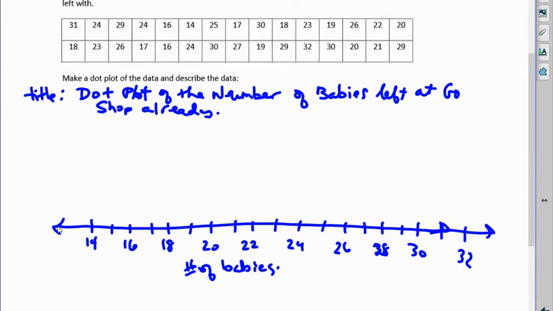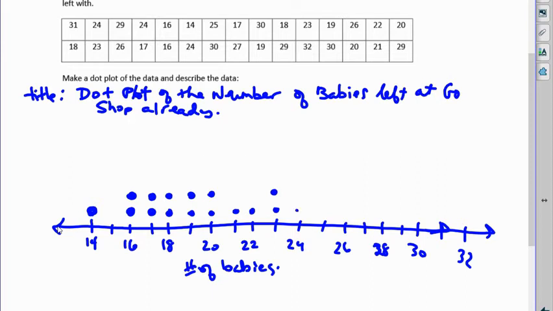So from my calculator, I saw that there was 1 at 14. So this time I'm doing dots or X's, whatever you like. 16, there were 2. There were 2 at 17. There were 2 at 18, 19, and 20. There was 1 at 21, 1 at 22. There were 2 23s.